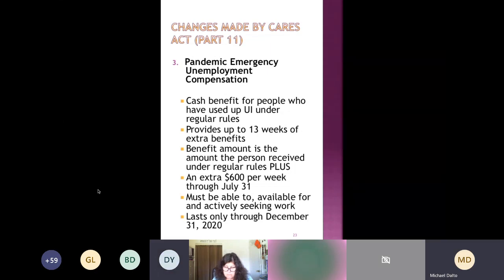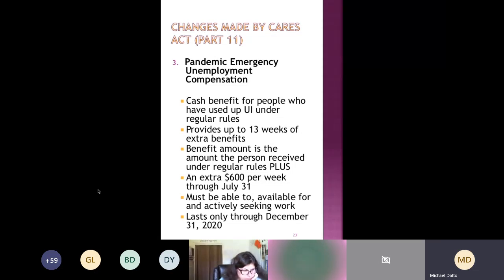Yeah, we have another one from Rachel. She wants to know, if you have to stop working due to taking care of children because daycare closed, you can collect even if your workplace is still open. So I guess you would have to take a leave of absence from work and be able to collect pandemic unemployment. That's right. Now, whether your inability to go to work would be determined to be a leave of absence or something else, that's not specified in the law.